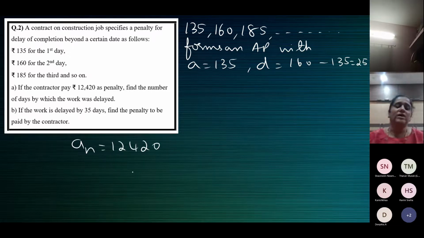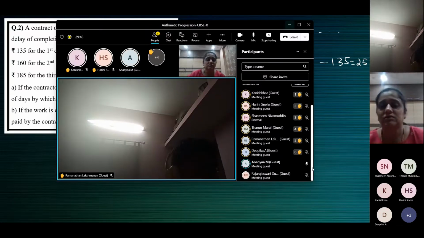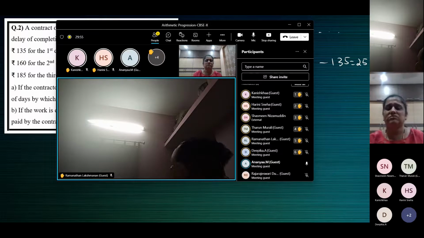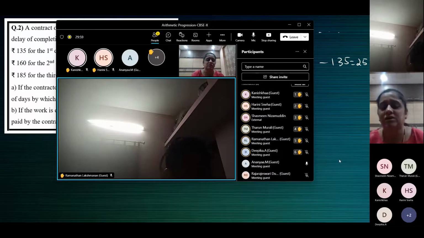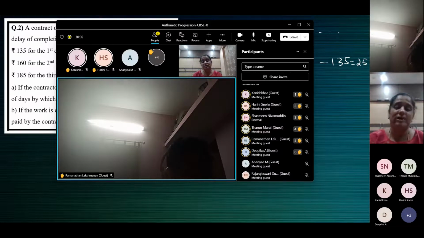What's wrong with this? Ananya says SN is 12,420. Okay, so she says SN. What about Rajeshwari and Deepika? Okay, Deepika agrees with AN.